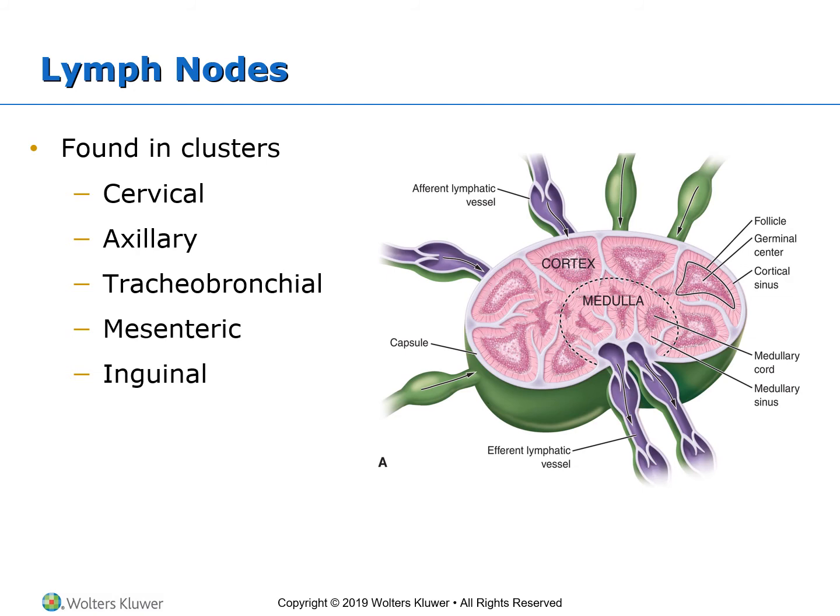The hilum is the exit point for efferent lymphatic vessels, those vessels that are carrying lymph out of the node. Also at this location, we'll have some other structures that are supporting the lymph nodes, the tiny blood vessels and nerves.